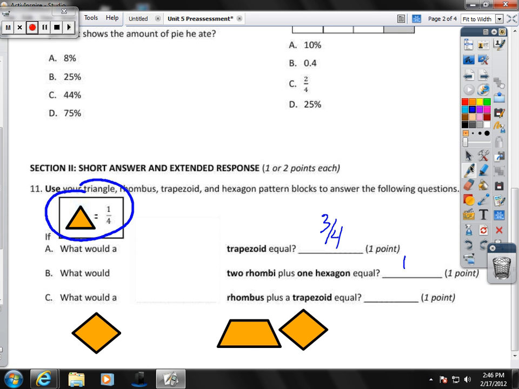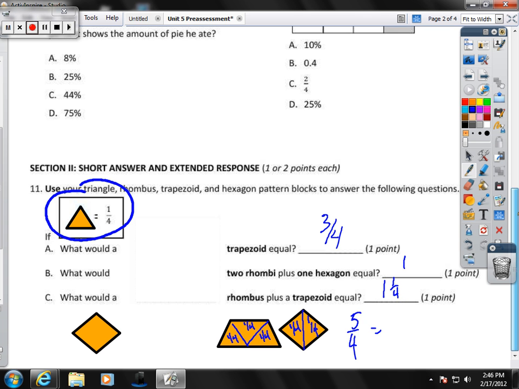And I know, again, this is a 1/4 and a 1/4 and a 1/4. This is split into 1/4 and 1/4. And I have 1, 2, 3, 4, 5 fourths, which equals 1 whole and 1/4 left over.